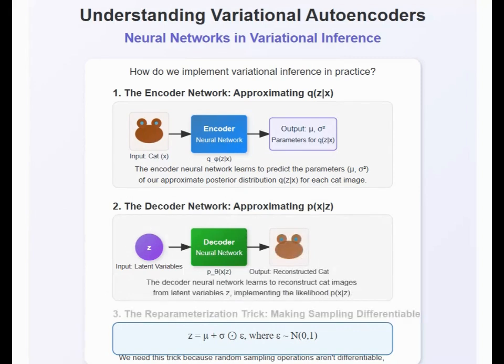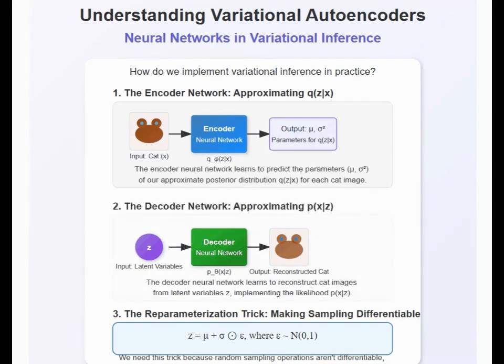This image gets fed into the encoder neural network, which processes the pixels and extracts meaningful patterns. The encoder's job is to output the parameters for our approximate posterior distribution q of z given x. For each cat image, it predicts a mean, mu, and variance, sigma squared, that define a Gaussian distribution in latent space.